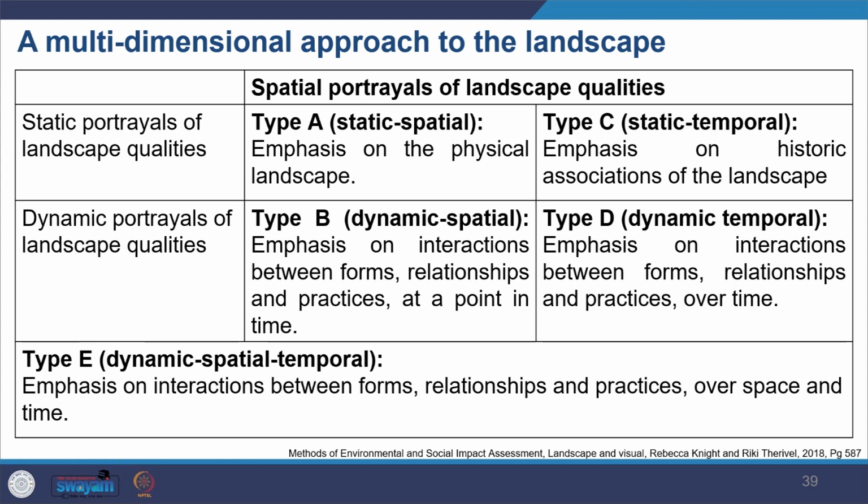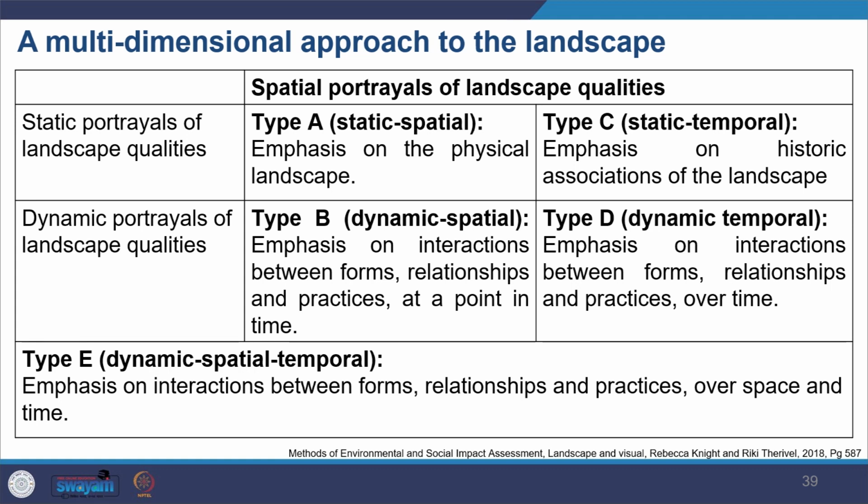You also find type C, which is static in nature, where you look at the historical emphasis, how you connect with this place. Then you have dynamic temporal, type D, where you see how your interaction with that place has values.